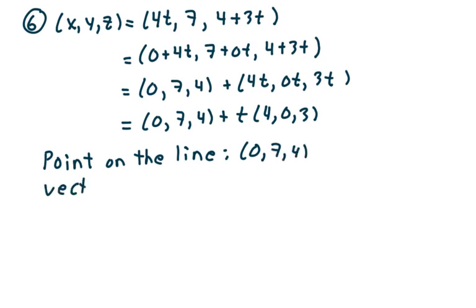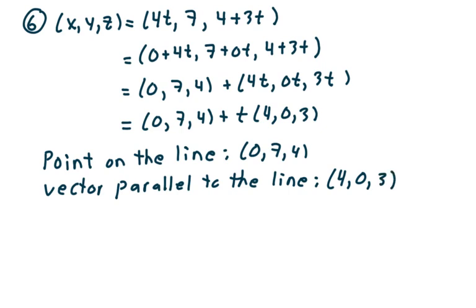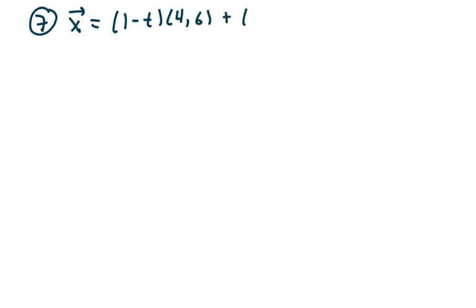And then a vector parallel to the line, that's going to be (4, 0, 3). And that's how we do 6. Number 7. (x, y) equals (1 minus t) times (4, 6) plus t times (negative 2, 0).